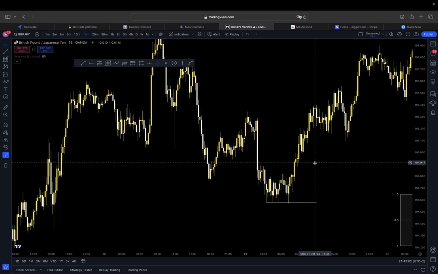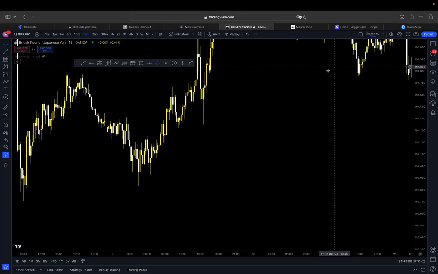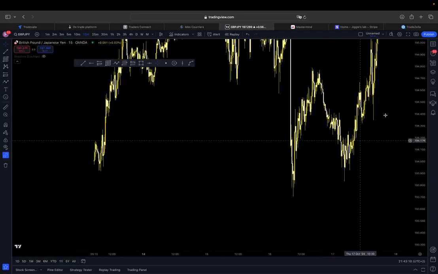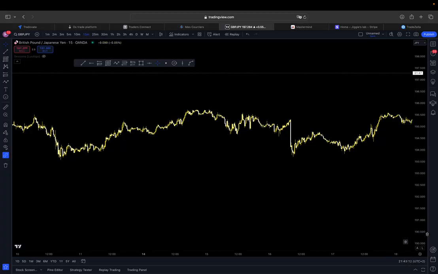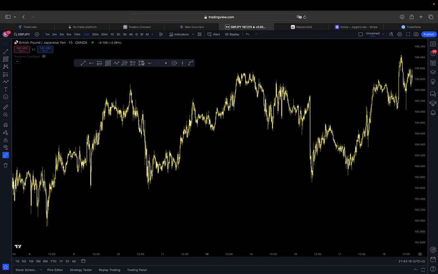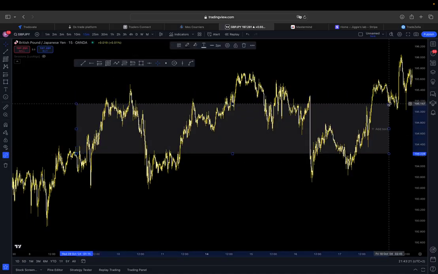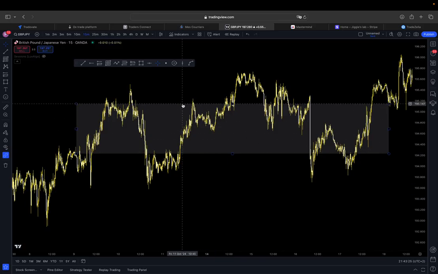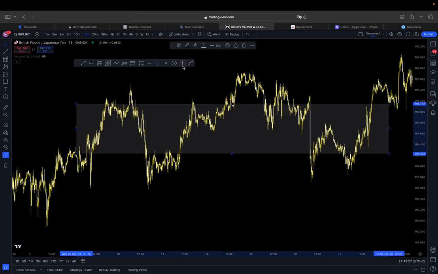Keep this in mind: do not look for break of structures in the range. Where is the range? Here is the range. Do not look for break of structures here. Here is where you should look for break of structures.